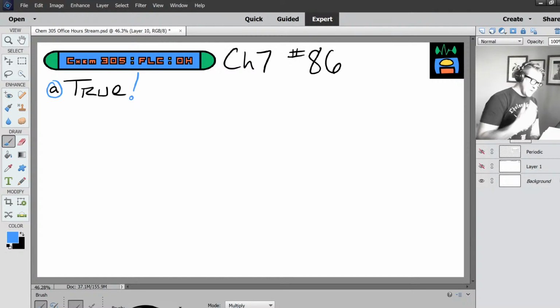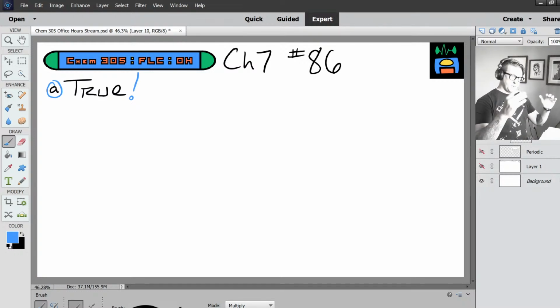You can add a solute, and you could also change the pressure. If you increase the pressure, it'll boil at a higher boiling point. It's why when you go up in elevation, water boils at a lower temperature than 100 degrees. So part A, totally true.